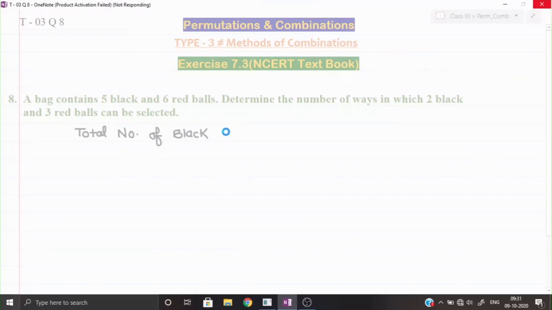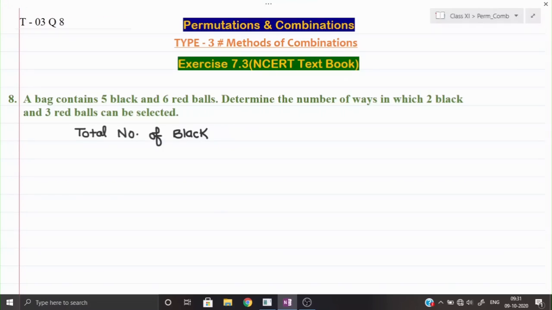How many black and red balls are given to us? We are given that blacks are 5 and reds are 6, so 5 and 6 respectively.